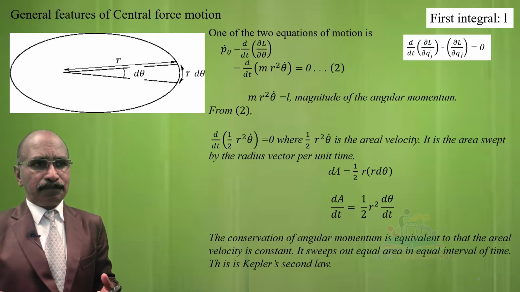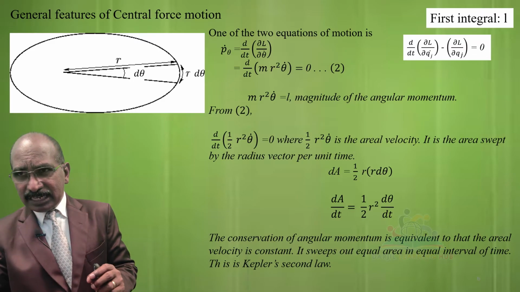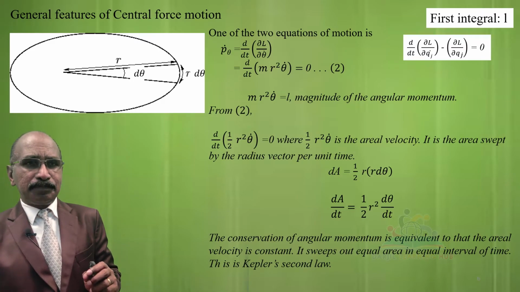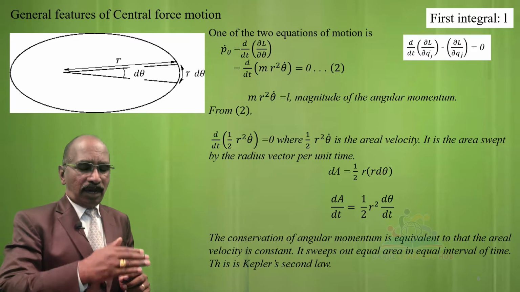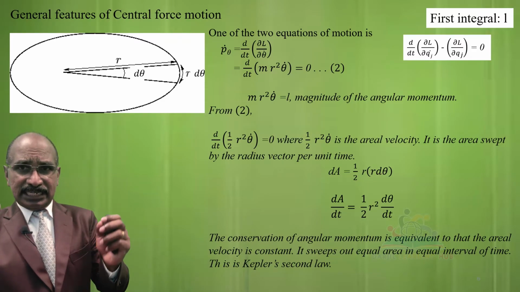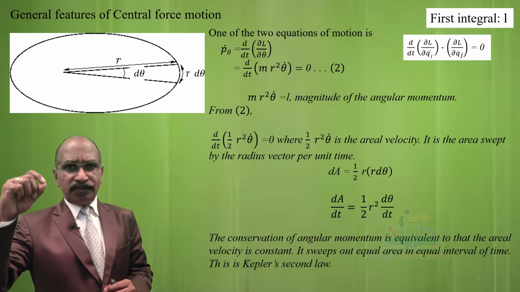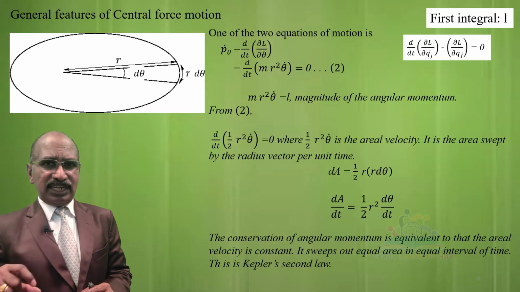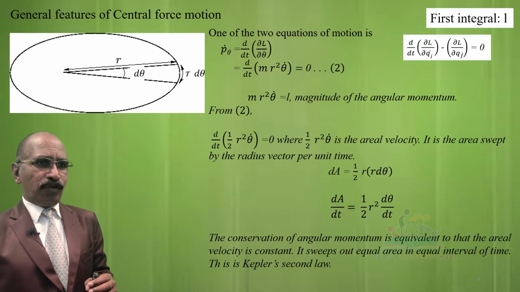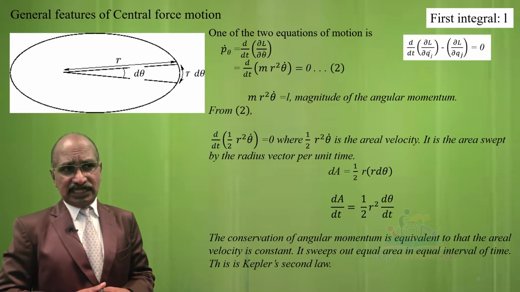How? We can find out the arc. d theta equal to arc divided by radius, that is the trigonometric formula. Therefore, arc will be equal to d theta into radius, that is r d theta.